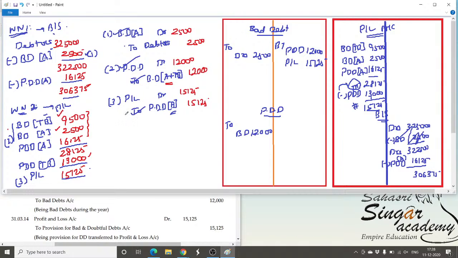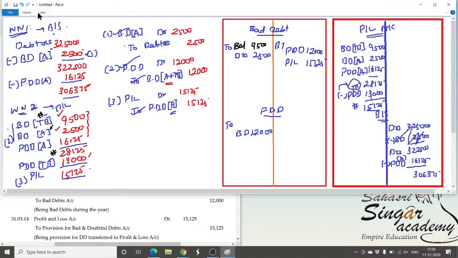Now remember, the items already available in the trial balance are the opening balances and will appear in the concerned ledger. Bad debt given in the debit side is the opening balance of the bad debt. Usually bad debt appears in the debit side. Automatically in the bad debt, we have to write in the debit side as balance brought down, opening balance, the value being 9,500.